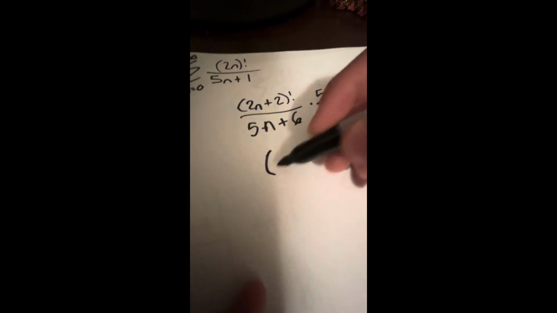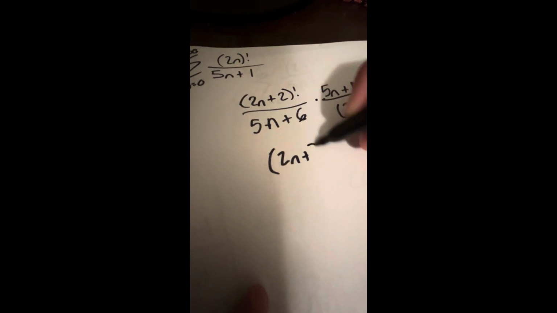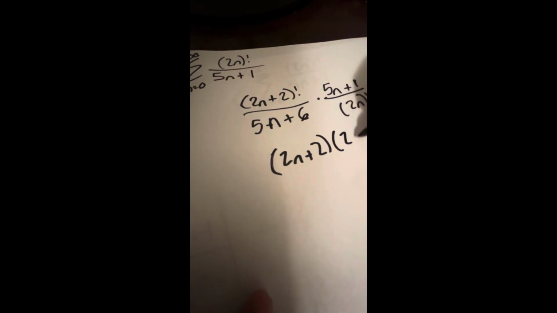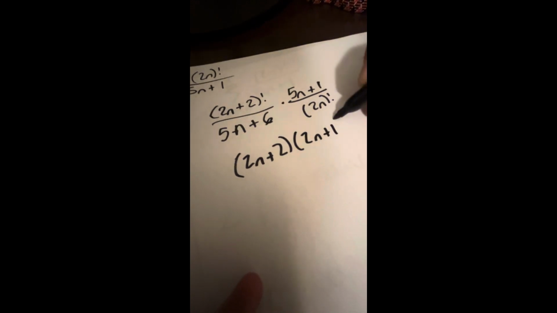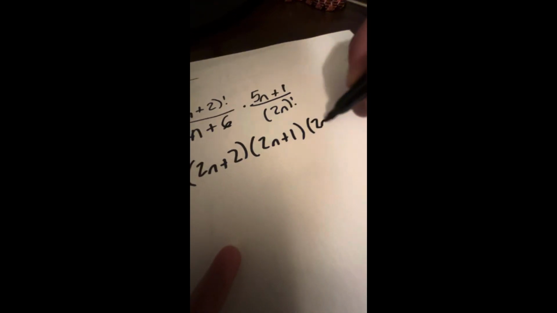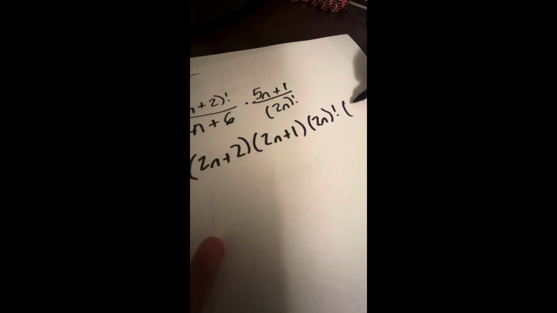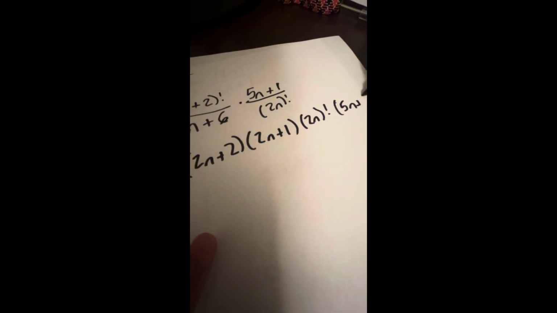So what you can do is just do 5n plus 1 over 2n factorial. And now we can really condense this down to 2n plus 2 times 2n plus 1 times 2n factorial. And you still have 5n plus 1.